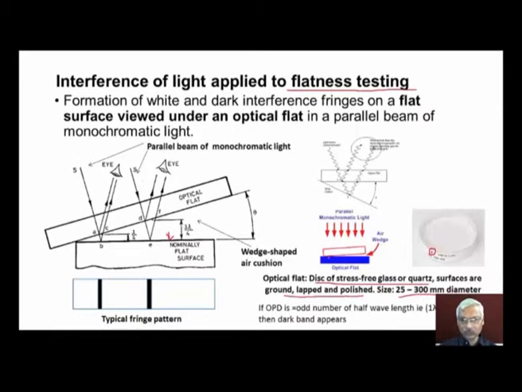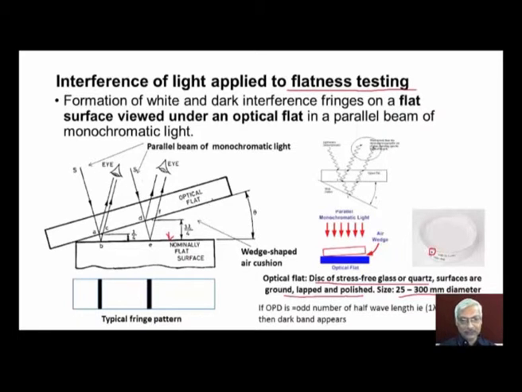What we have to do is keep the surface which is to be inspected on the surface plate, and then keep an optical flat of suitable diameter over the surface to be inspected.